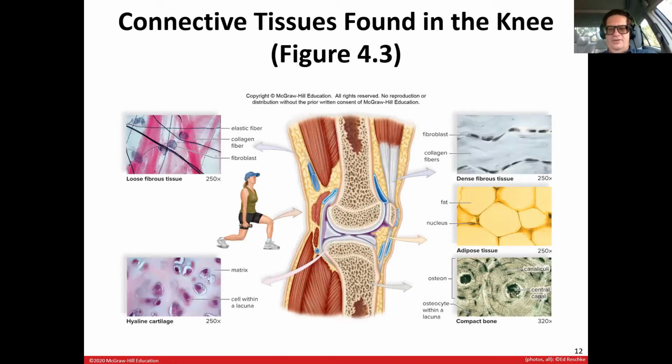So down here, where's my mouse? This lower right picture where you see an osteon, what you're looking at is they cut a bone, and then they took a slice of that long bone. So here's the long bone, they cut it in the middle and they put that slice there to look at the picture.